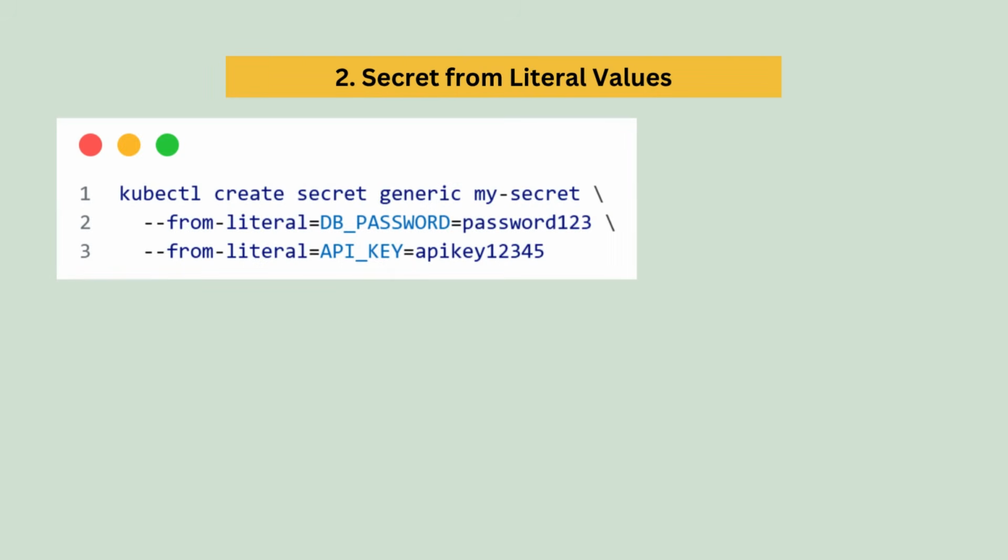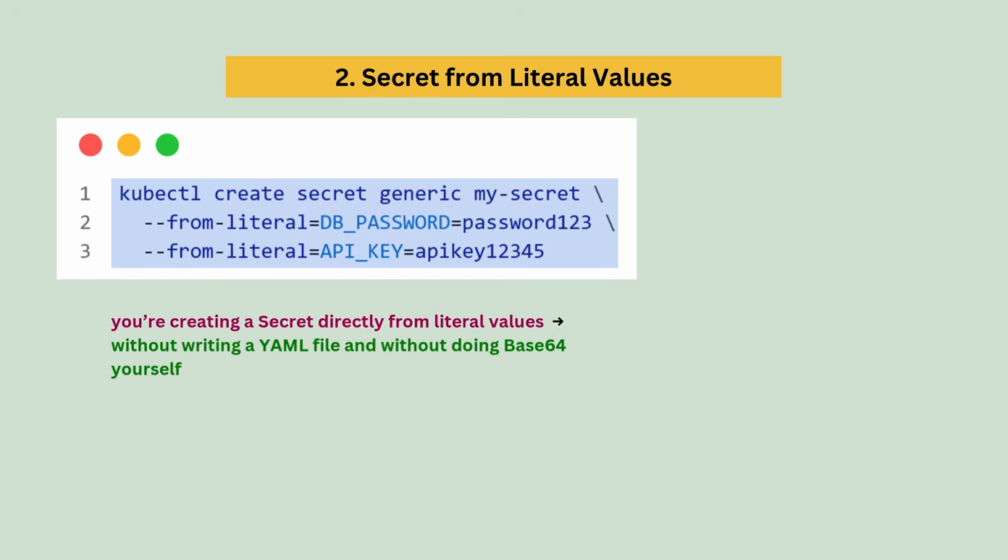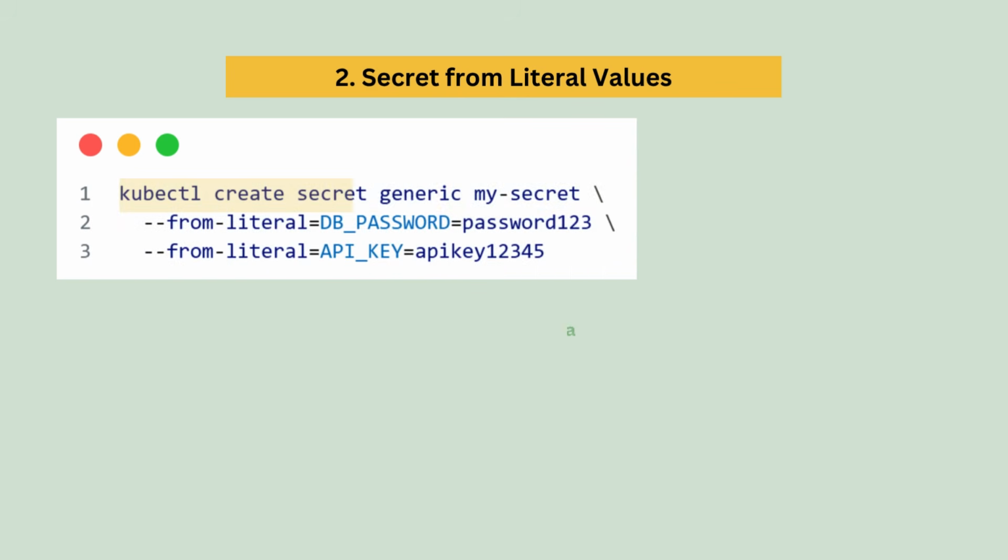Next, let's understand secret creation from literal values. So when you run this command, you are creating a secret directly from literal values without writing a YAML file and without doing base64 yourself. So this part, create secret generic, tells Kubernetes you want a normal opaque secret.